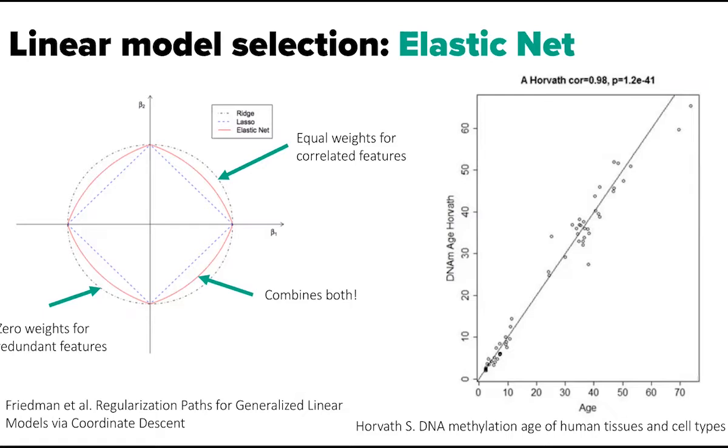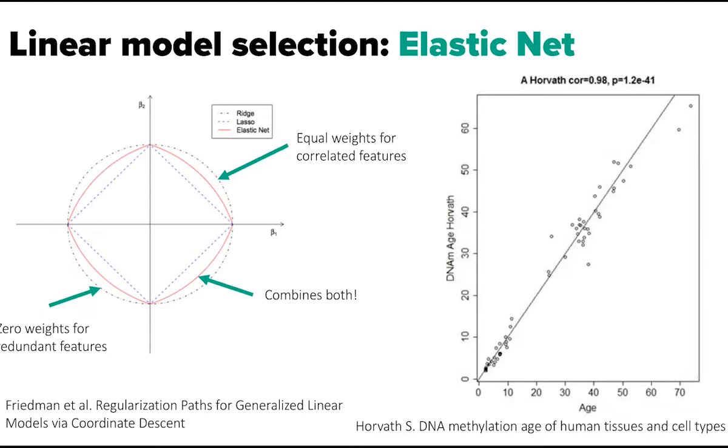It's called ElasticNet, which combines both penalties: the ridge penalty, which would allow equal weights for correlated features, and the lasso penalty, which would allow us to make 0 weights for those features that really do not contribute to the model enough.